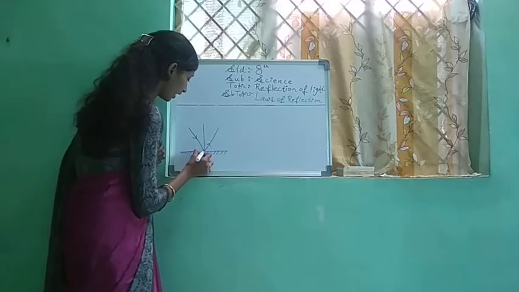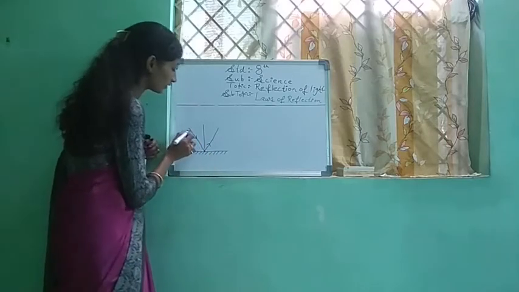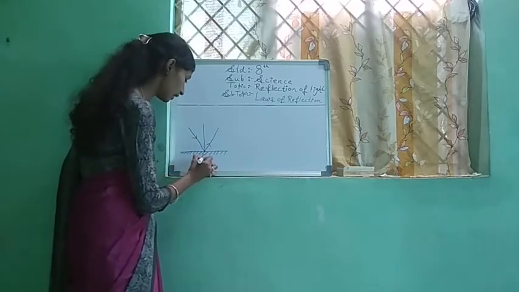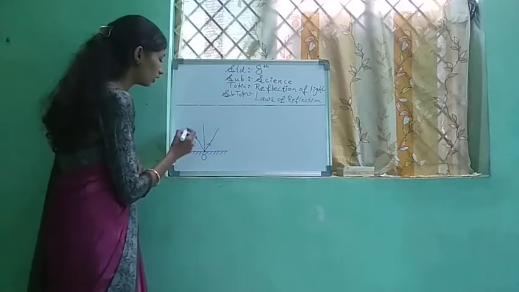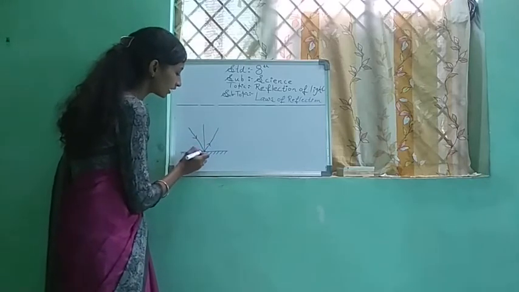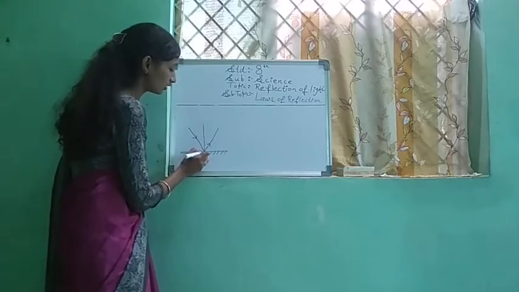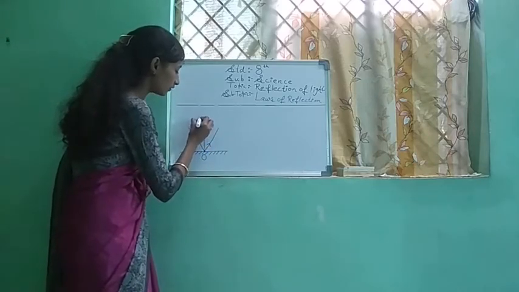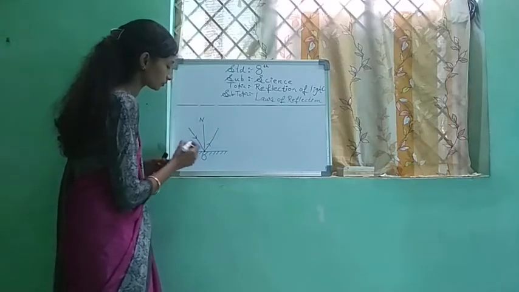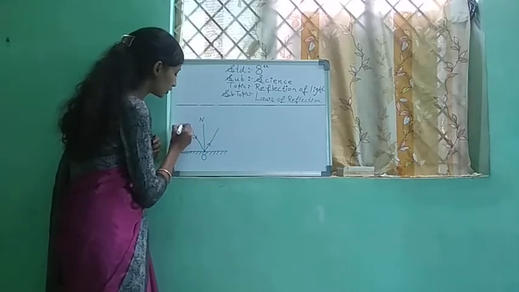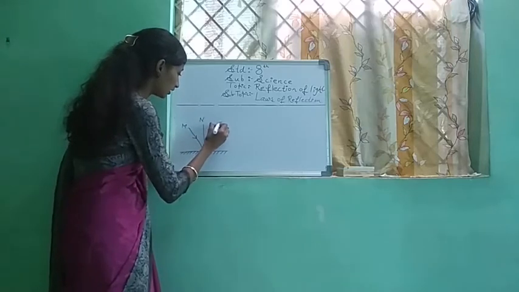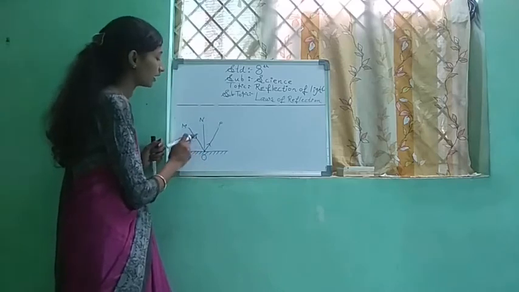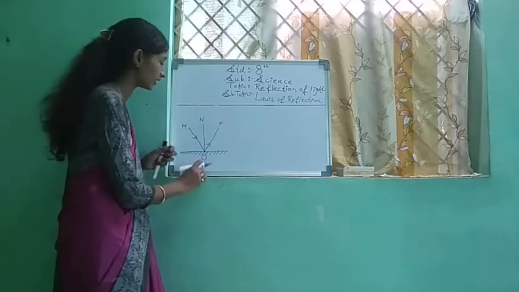As the incident ray falls here, this will be the point of incidence, which is represented by O, and the perpendicular drawn to this point of incidence is called the normal, which is represented by N. And suppose these are M and P, means MO is the incident ray and OP is the reflected ray.